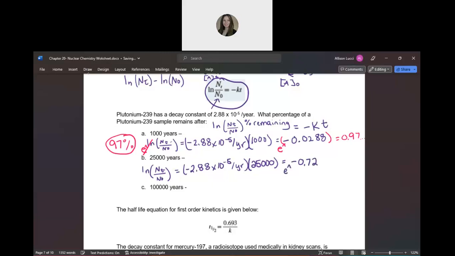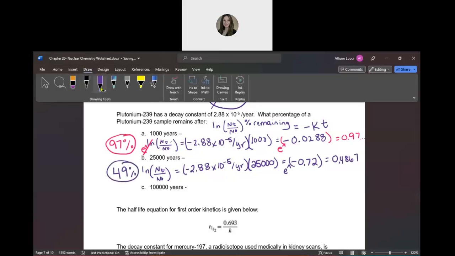When we raise that, we take e to the negative 0.72. Let's plug that in. We get 0.4867, which we only need 2 sig figs here. We can say about 49% remains.